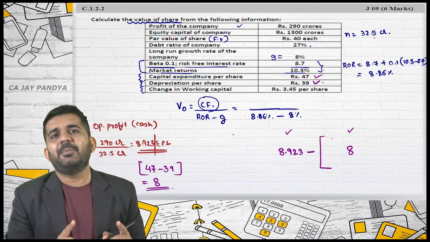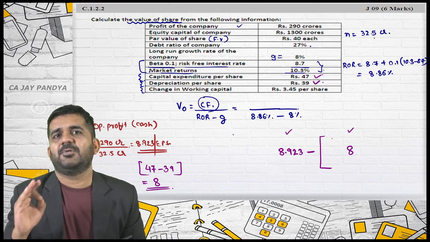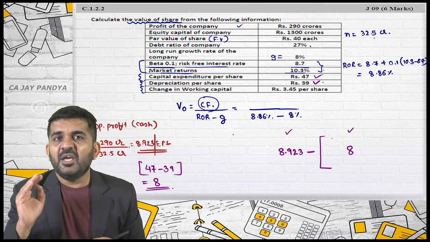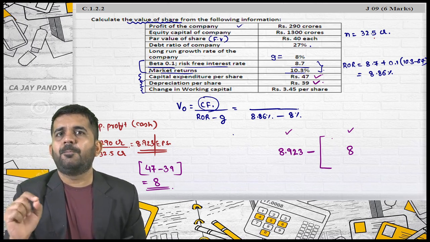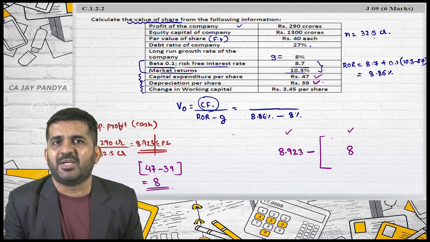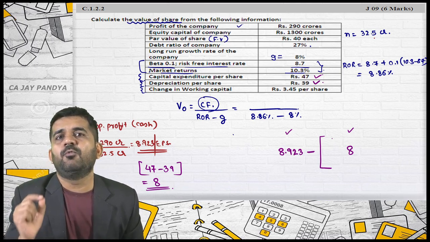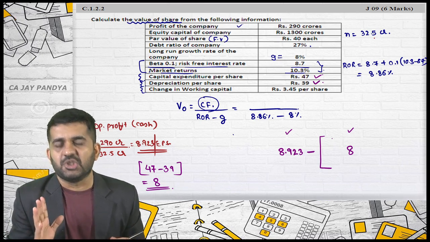Sir, but it is capital expenditure. Please understand, revenue and capital is a concept of accountancy. In finance, what is calculated is cash flow. Whether you pay 5 rupees for salary or whether you pay 5 rupees for a fixed asset, it is cash outflow in finance. So you need to consider capital expenditure. Is it alright?